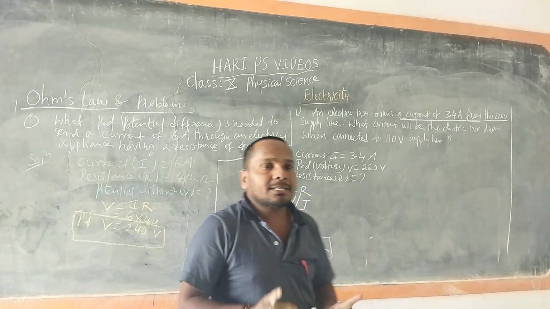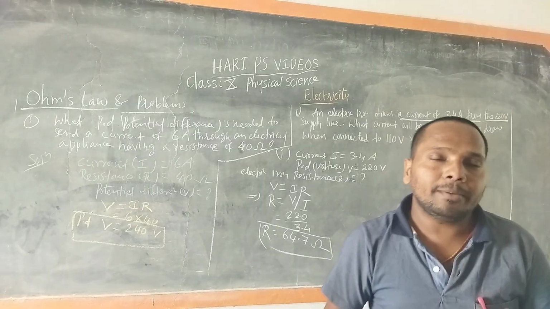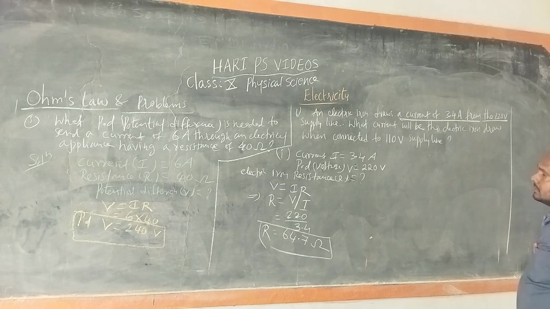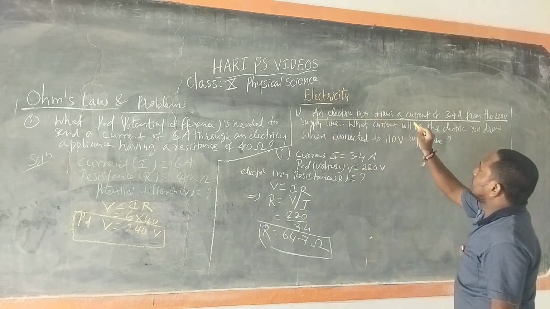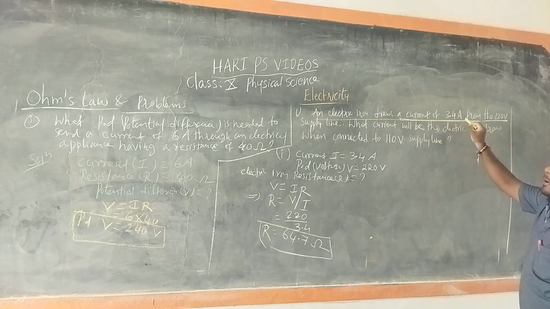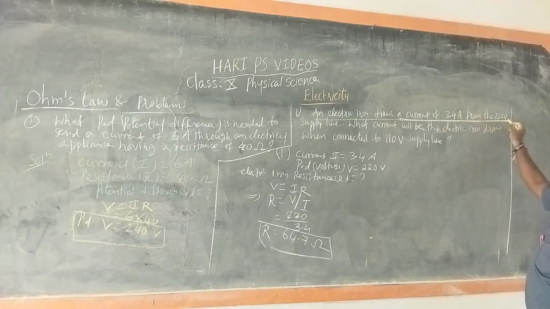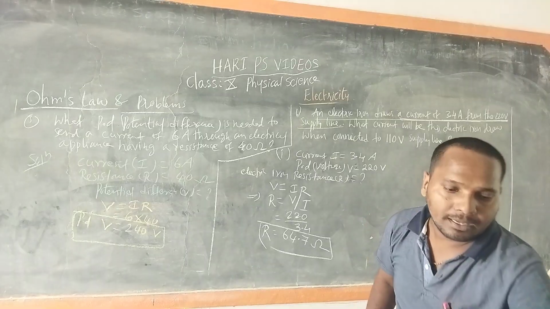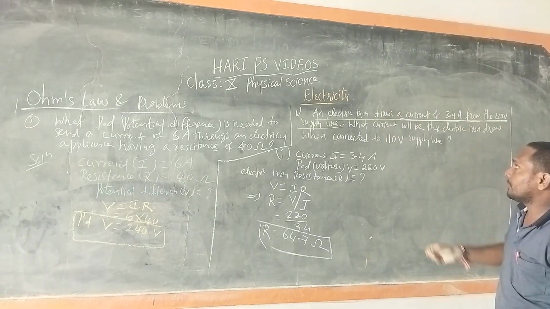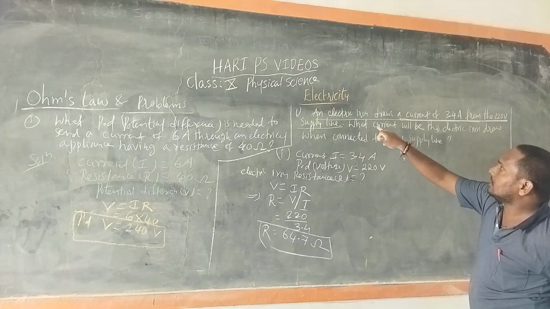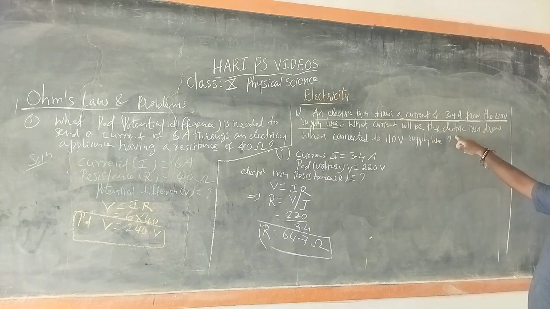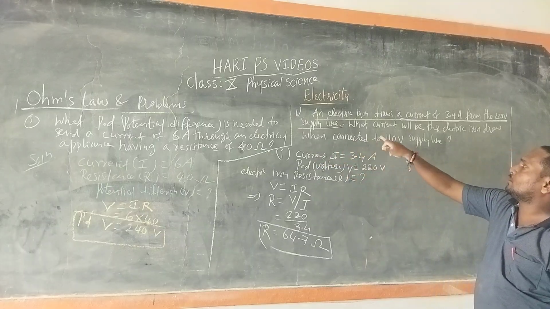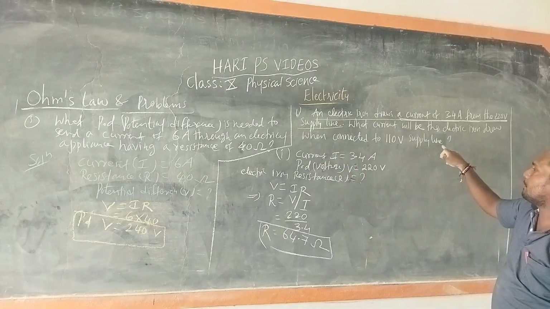Then, from the first part of the problem, we found the resistance. What is the first part? An electric iron draws a current of 3.4 ampere from the 220 volt supply. Right? Then coming to the second part: what current will this electric iron draw when connected to a 110 volt supply line?